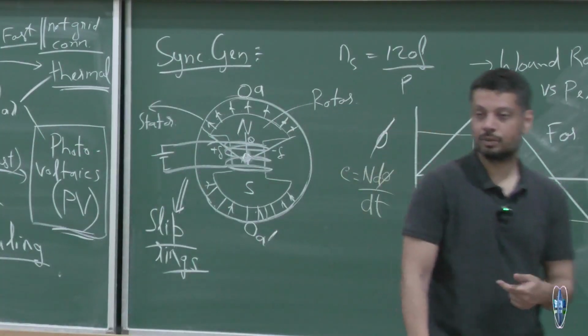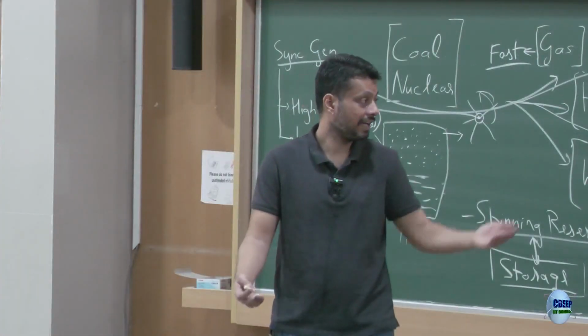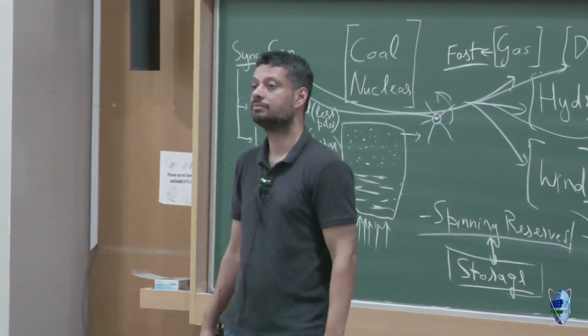What is it called? Square wave, quasi square wave, trapezoidal, which is quasi square. Good. It's not sinusoidal. Are you all fine with that? For now we are getting a square wave.